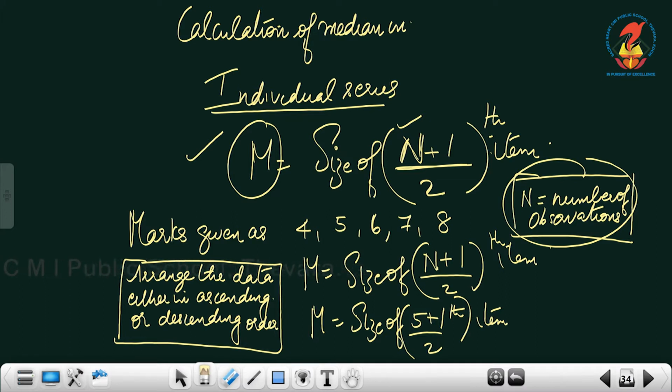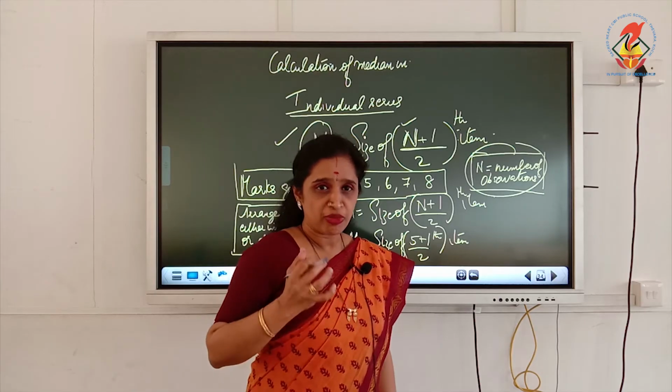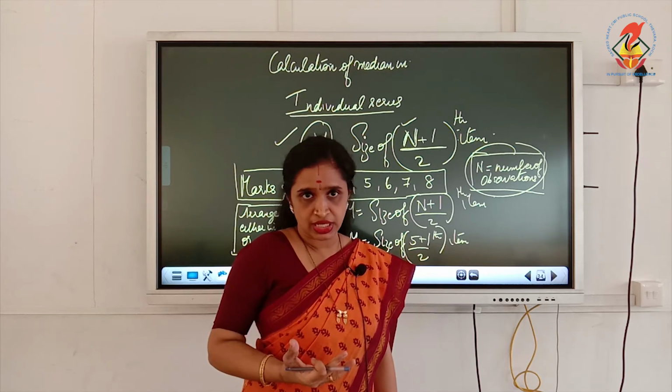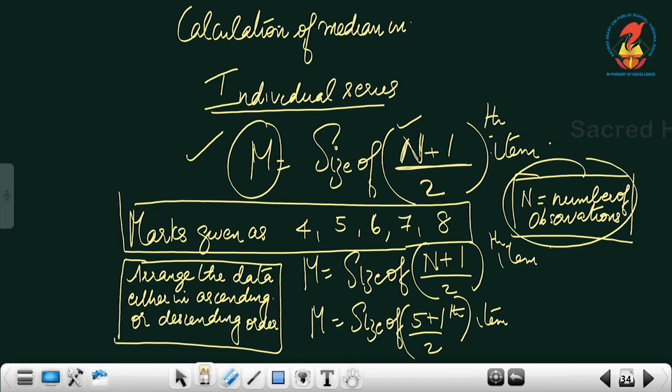Now this is an example. Assume these are the marks: 4, 5, 6, 7 and 8. This is an individual series, and from it you have to find the median. How to find the median?